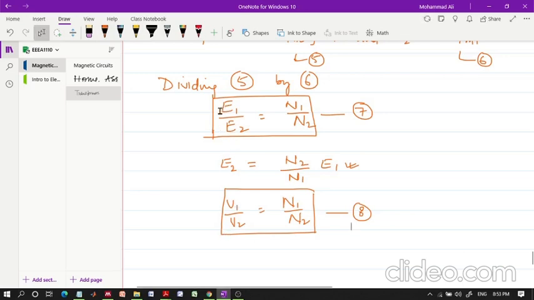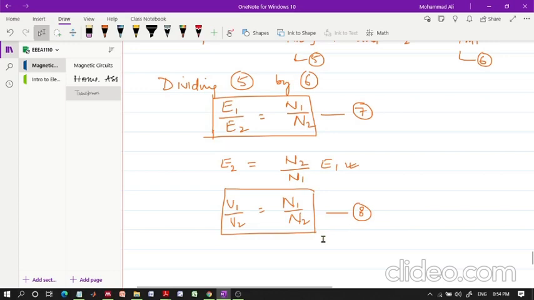E1 is the induced voltage. E2 is denoting the induced voltage in the secondary. V1 is the actual voltage that is being supplied at the primary, and V2 denotes the voltage that is across the load. ठीक है, I hope you are getting this thing.